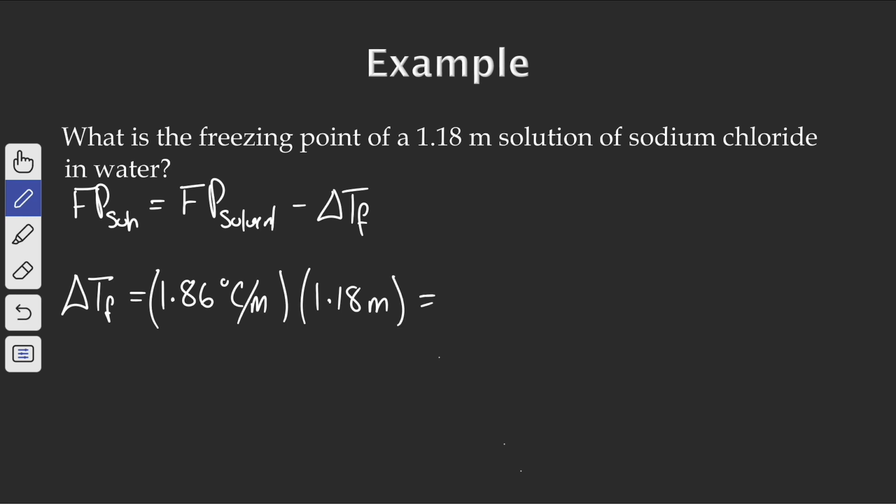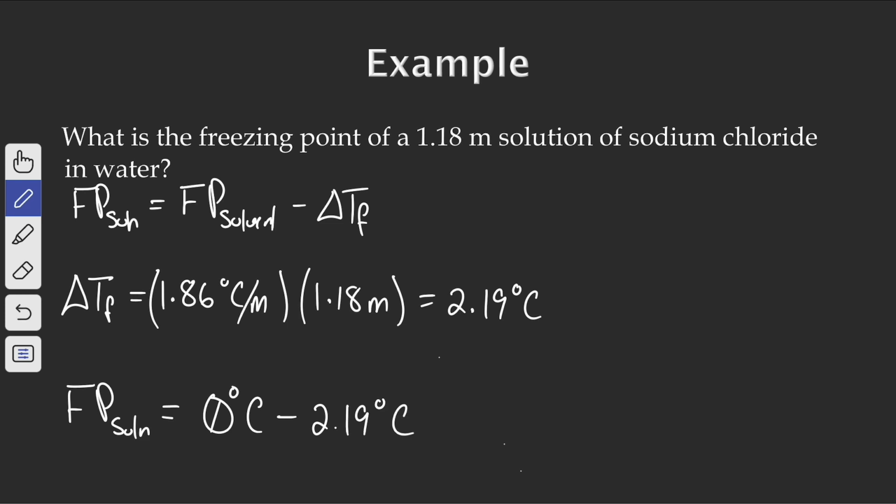And we find that the change in freezing point is 2.19 degrees Celsius. Well then, to find the freezing point of the solution, we'd just take the freezing point of water, 0 degrees Celsius, minus 2.19 degrees Celsius, which gives us a new freezing point of negative 2.19 degrees Celsius.